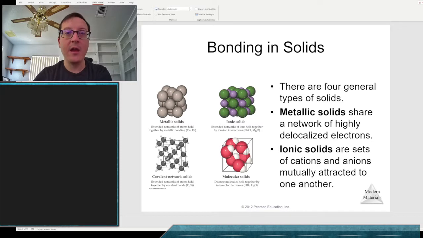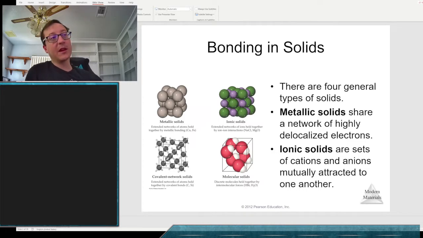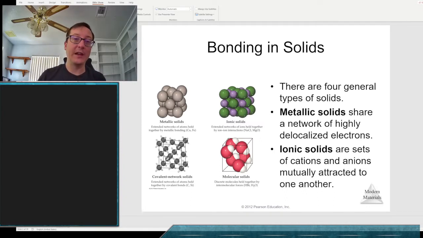There are two models that we'll look at: one is called the electron sea model, and one uses molecular orbitals. We have ionic solids, which are held together because of electrostatic attraction, positives and negatives attracting each other, and we'll see that those alternate very nicely. We have positive on one side, negative on the other, holding each other together.